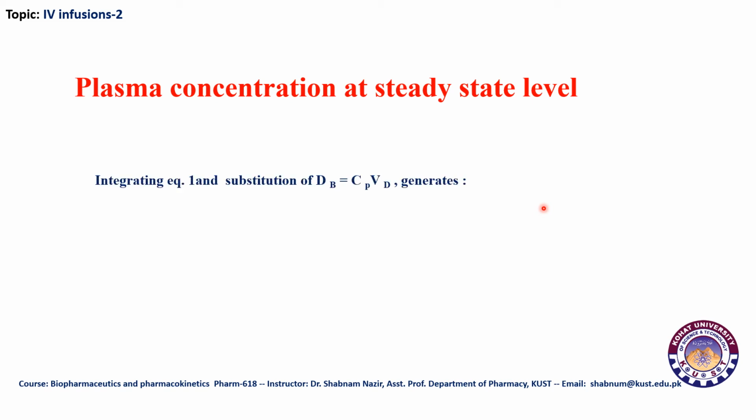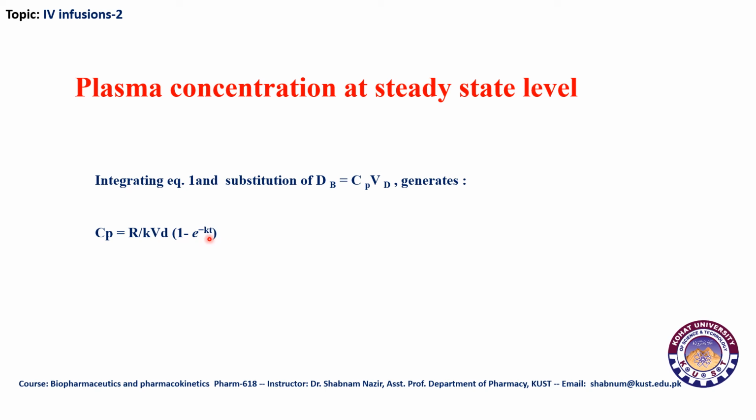Anyway, if we integrate equation 1 from the previous slide and substitute the value of Db as Cp times Vd, which is the basic equation for the amount of drug in the body, where Vd shows the volume of distribution while Cp indicates the plasma concentration, it generates this equation: Cp is equal to R divided by K Vd, times 1 minus e raised to the power minus kt.